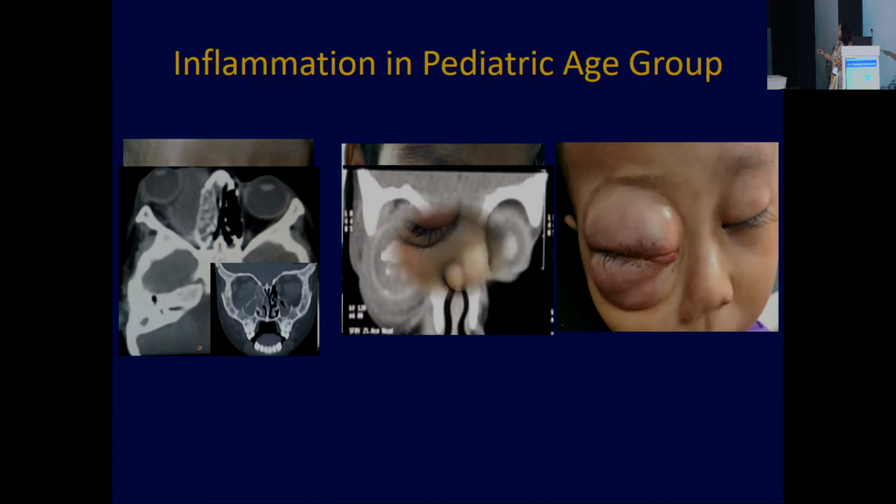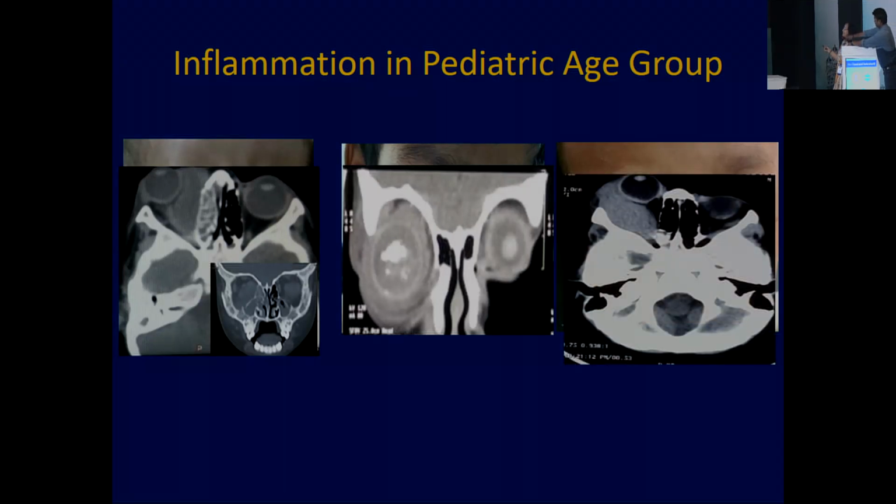Next one, see what is this? A case of bilateral retinoblastoma. So sometimes a retinoblastoma patient can come to you with a picture of orbital cellulitis. This one? Yes, true.